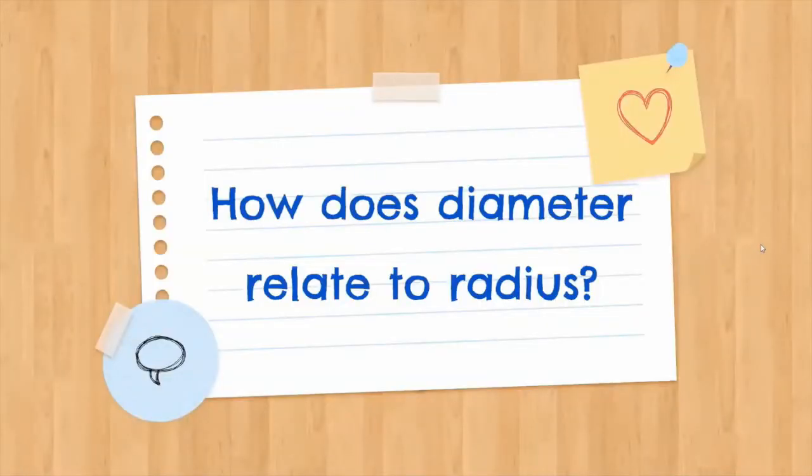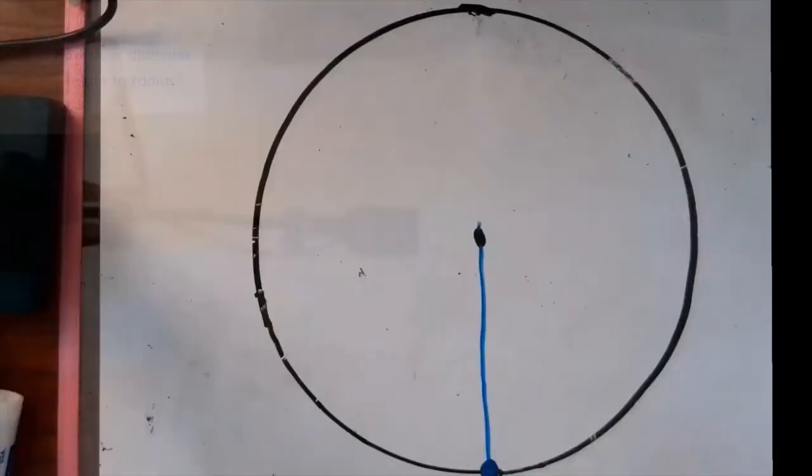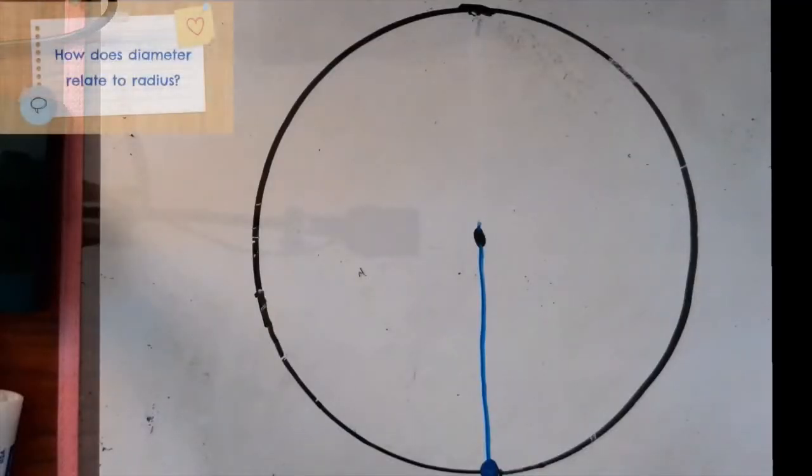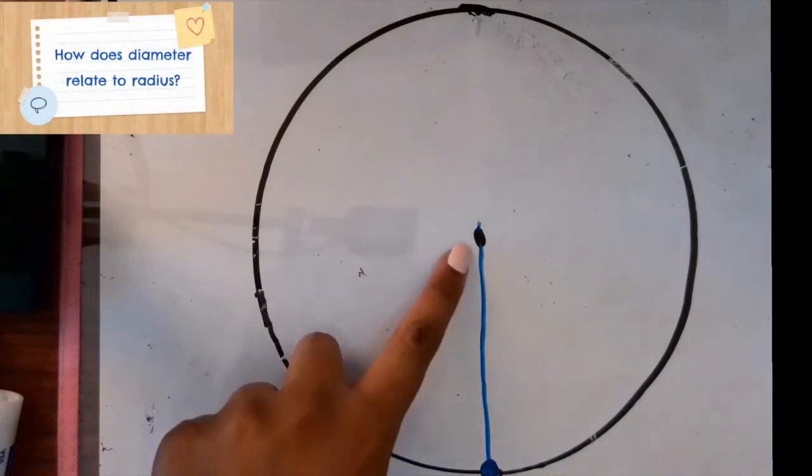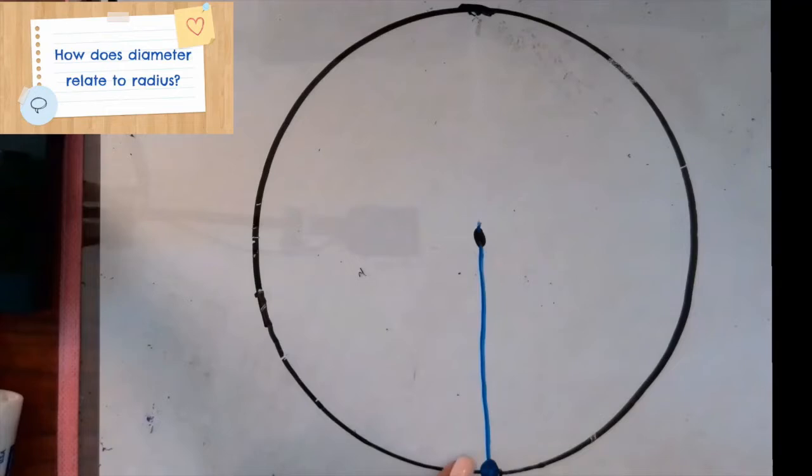Next question. How does diameter relate to radius? This week, we learned that a radius is a line segment that connects the center point of a circle to any other point on the circle.